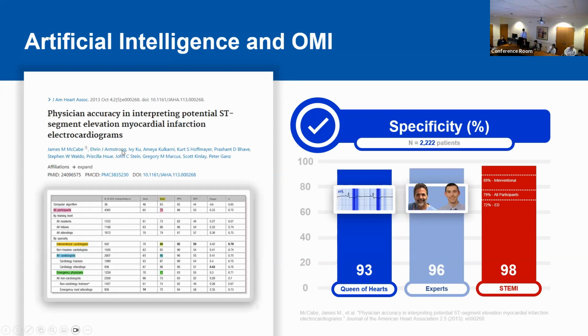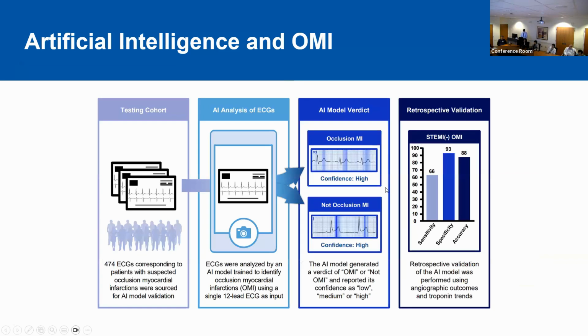He found there's a range between different subgroups of physicians, with interventional cardiologists having the highest specificity, but even they had a specificity of around 89%, which is still a bit lower, but kind of on par with this model.